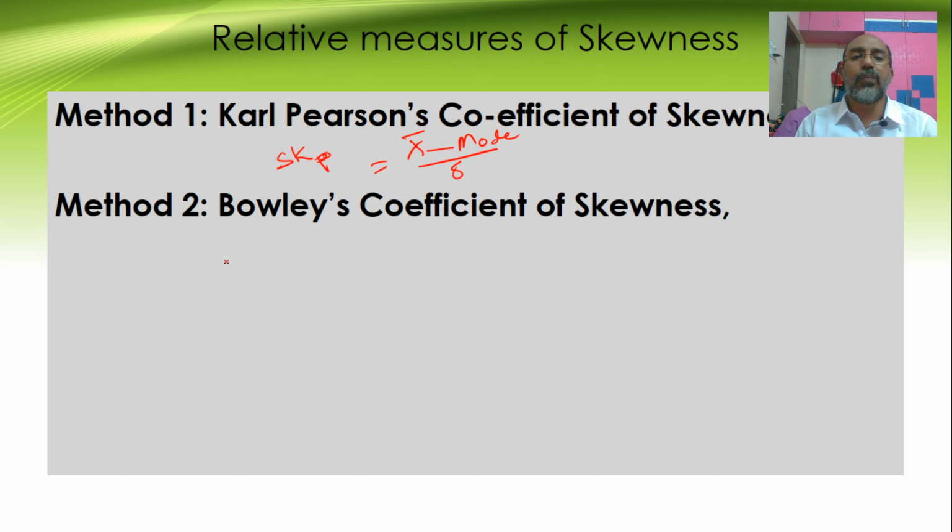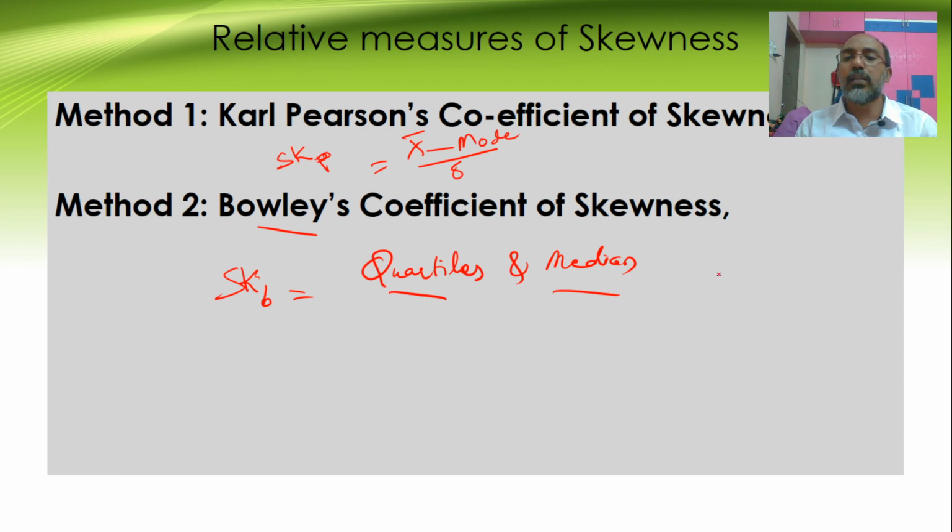So we are now dealing with SKB. We are learning SKB today. SKB is based on quartiles and median. Karl Pearson ignored the quartiles and median, whereas Bowley takes quartiles and median into consideration.